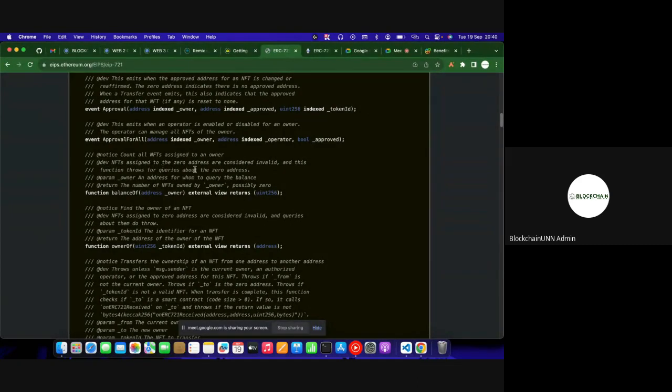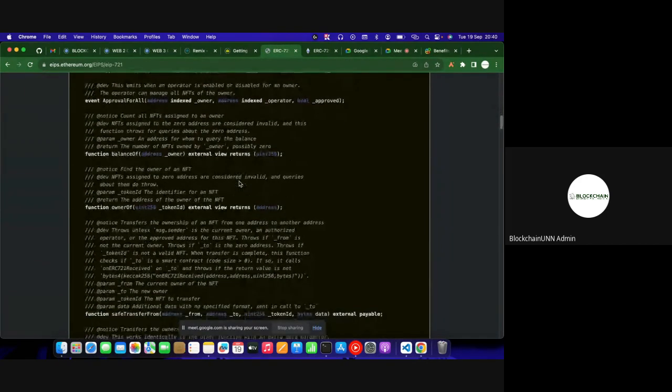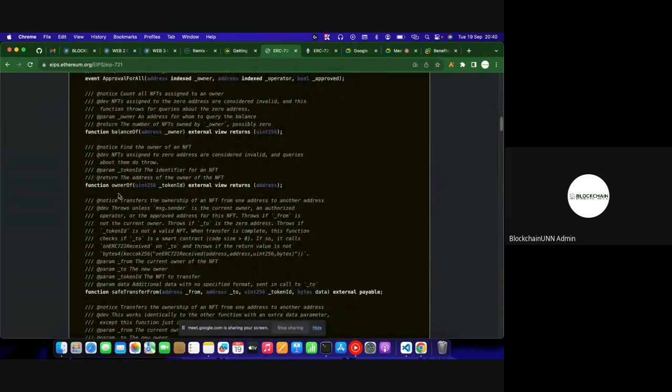Reading the comments, it says NFTs assigned to the zero address are considered invalid, and this function throws for queries about the zero address. The address to query the balance of is the owner, and it returns the number of NFTs owned by this owner.